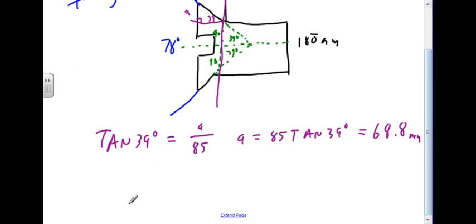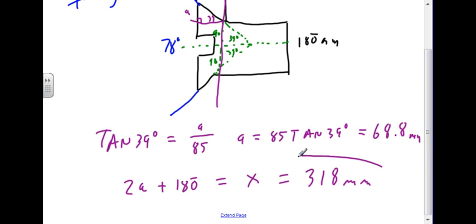Okay, so now 2A plus 180 is going to equal my x that I'm looking for. Yes, it is. So my x is 2 times the answer plus 180. And I got 3 significant digits, so I'll write down 318 millimeters.